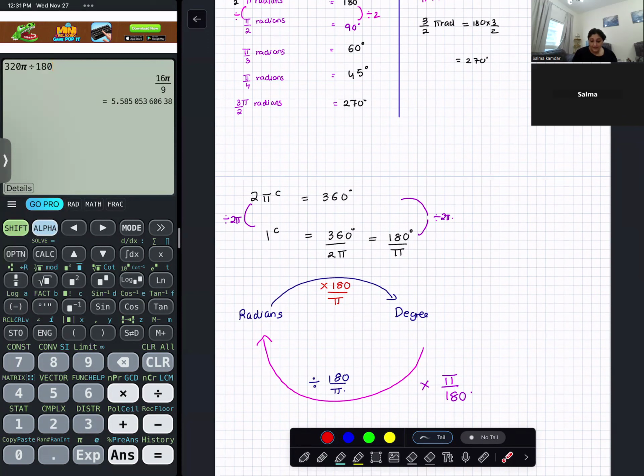Because you know that 2 pi rad is 360 degree. So 1 rad is, you divide it by 2 pi, so 1 rad is 180 by pi. So if you want to convert rad to degree, multiply it by 180 by pi. If you want to convert degree into rad, you're going to divide it by 180 by pi.